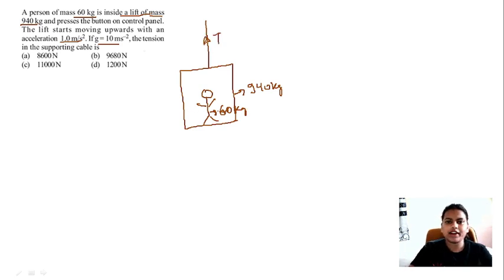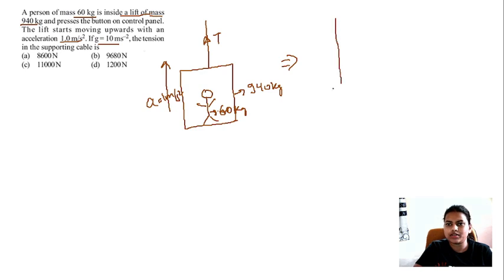So we have to find the tension in the supporting cable, and this system is going upward with an acceleration equal to 1 meter per second square. So now let's draw the FBD of this. I have a string, and I just reduce this size and consider it as a block, and this block mass is 940 plus 60 kg.